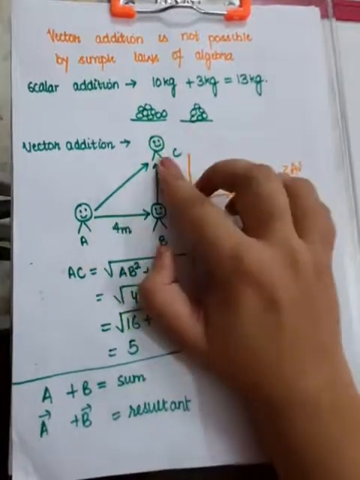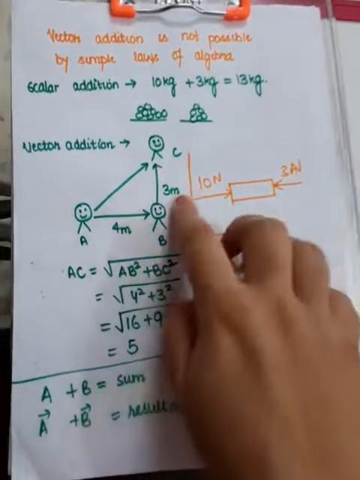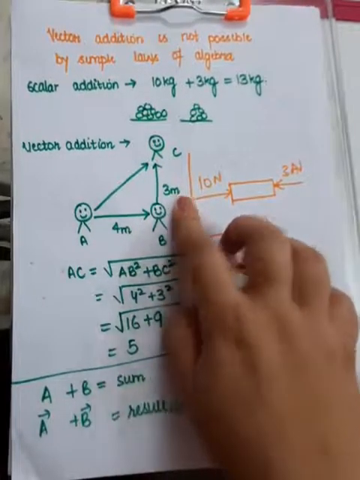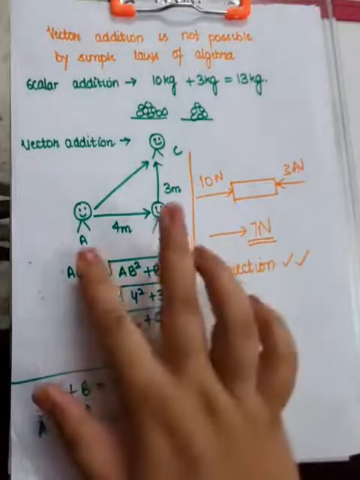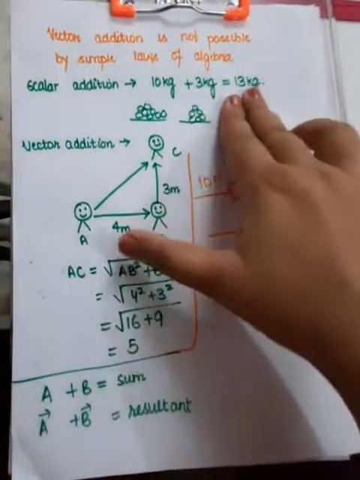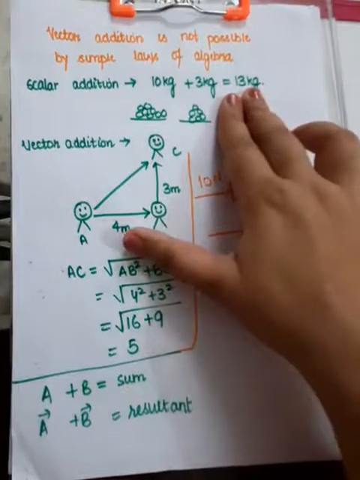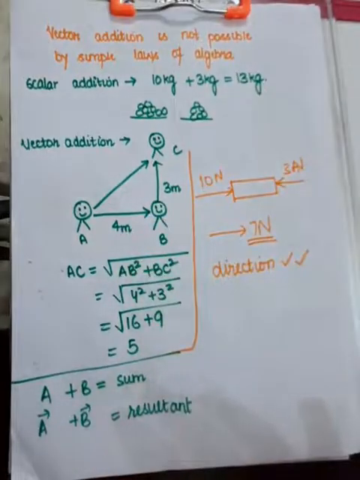When you measure it with a scale, it is not 4 meters plus 3 meters equal to 7 meters. Rather, it will automatically come out as 5 meters. Why? Because the Pythagoras theorem can be used here. So, can displacements be simply added like masses were simply added, like times were simply added, lengths were simply added? No. You need to apply special laws over here.